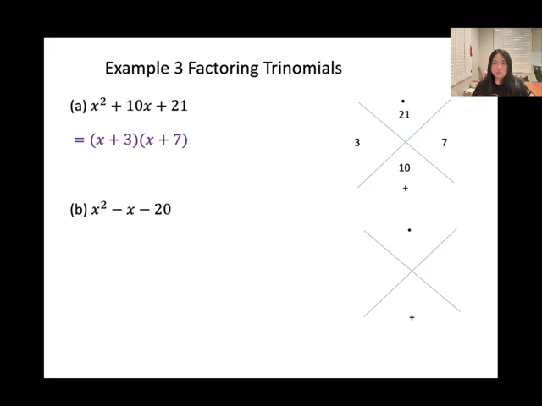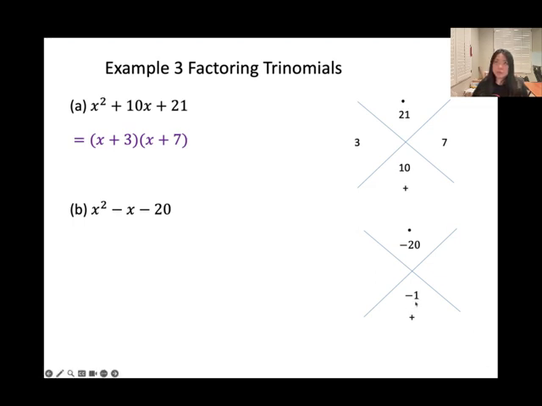Okay, first, multiply. So you could get negative 20. Make sure to include the sign here. Negative 20 on the top. Here, that's going to be negative 1 on the bottom. So you need to find two numbers. When they multiply, it's going to be equal to negative 20. And when they add up, it's going to be equal to negative 1.